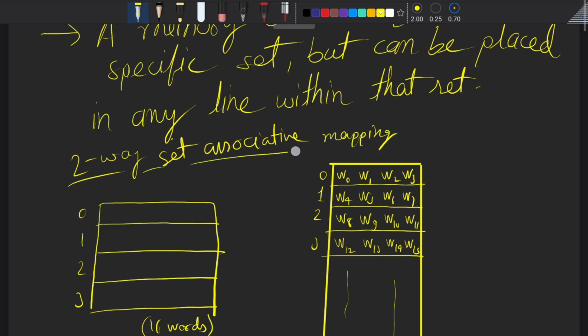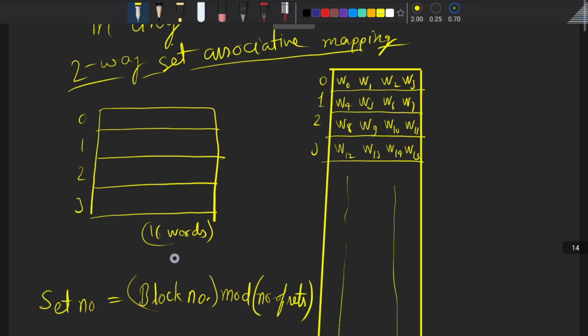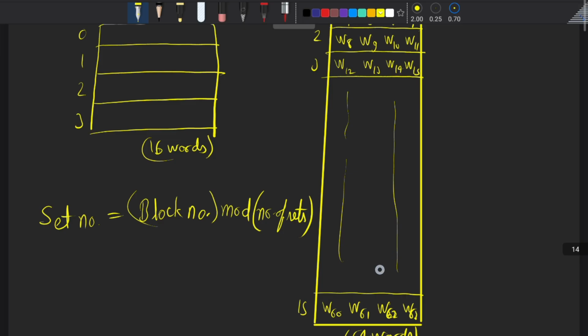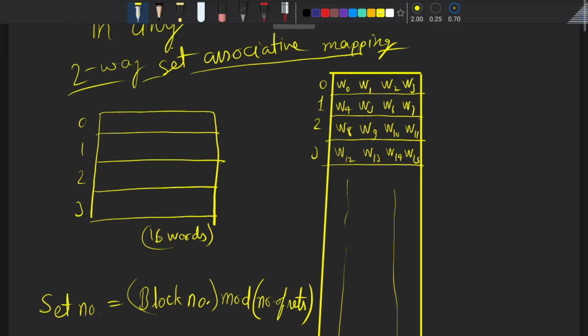Now, first of all, let me tell you why it is called two-way set associative mapping. Here we have our cache memory, which is of size 16 words, and we have our main memory, which is of size 64 words. Sorry, here the block size is 4 words.